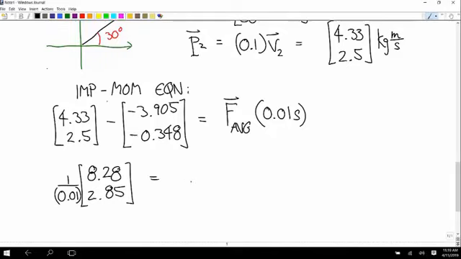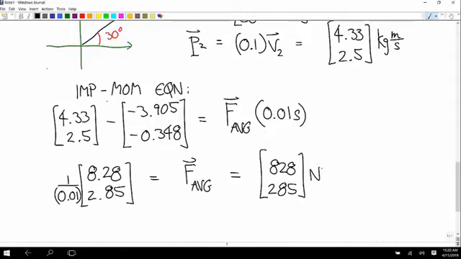And this is equal to the average net force. And so that's 828 newtons in the x direction and 285 newtons in the y direction.